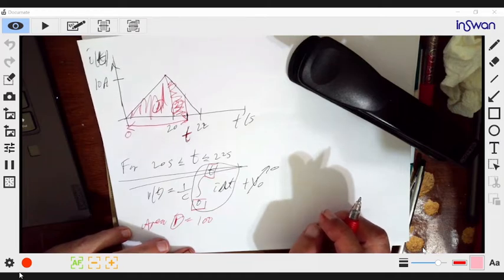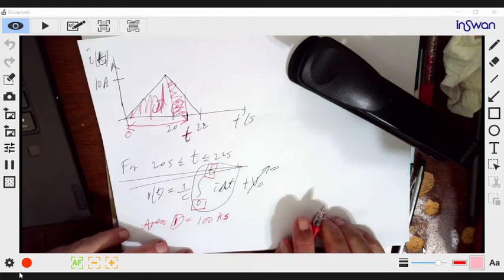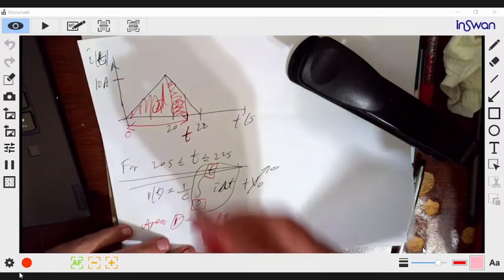It would be amps per second. Not amps per second, amp seconds. You multiply in amps, that's the height, times the base. The base is time, seconds. Amp seconds, not amp per second. Okay, amp seconds. What's area 2?